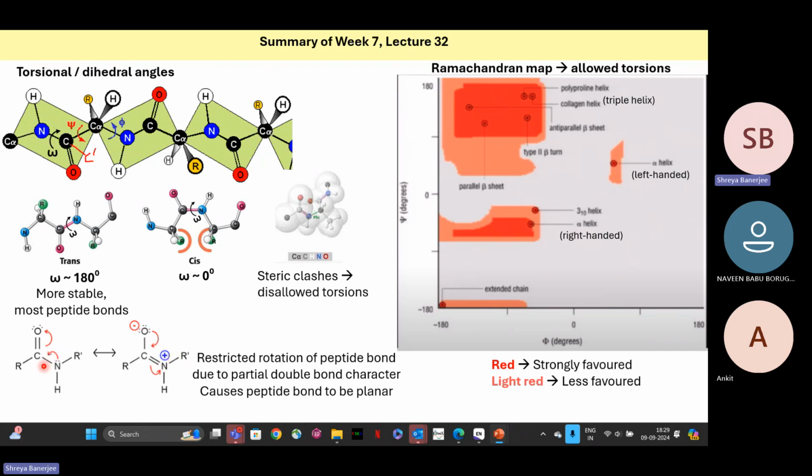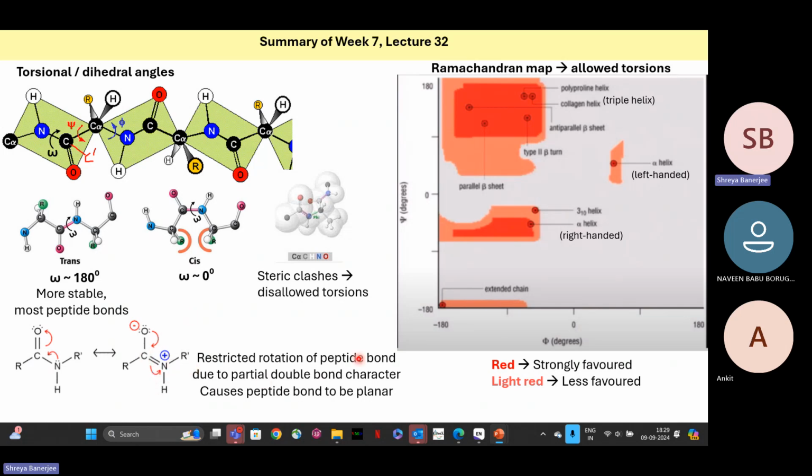So the amide bond or peptide bond exists somewhere between these two resonance structures. So the amide bond has a partial double bond structure. And due to this partial double bond structure, the rotation along the amide bond is not free. So the omega 0 or the cis orientation cannot naturally interconvert into the trans orientation because of this partial double bond character.